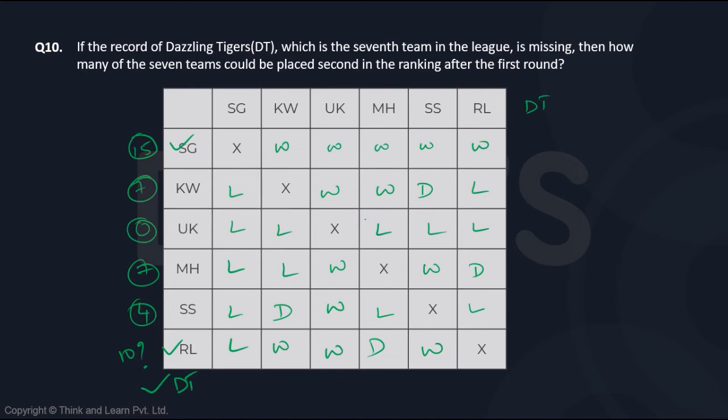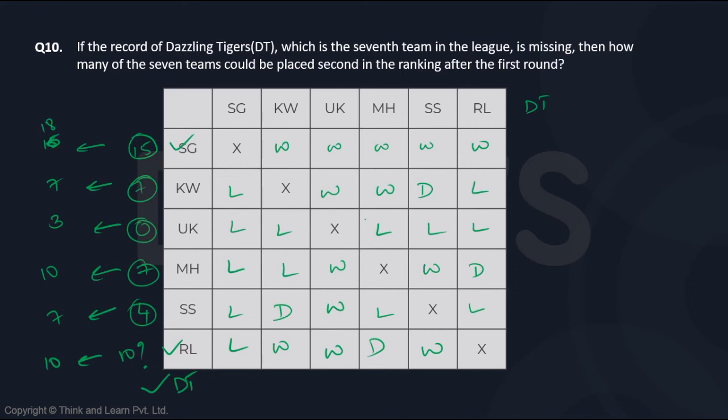Now anybody else? So let's see, can MH or KW come second? So let's take a look at it. If I say DT won in such a way that MH became 10 points and SS, let's say, became 7 points, and RL remained as 10, UK became 3 points, KW remained 7, and SG became or remained 15, or it became 18, doesn't matter.